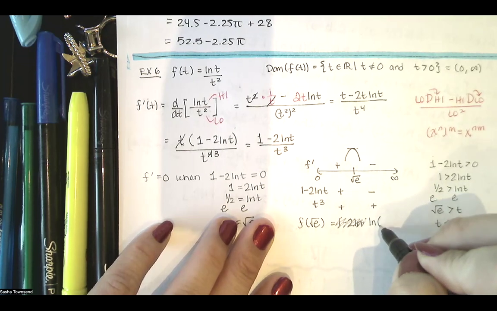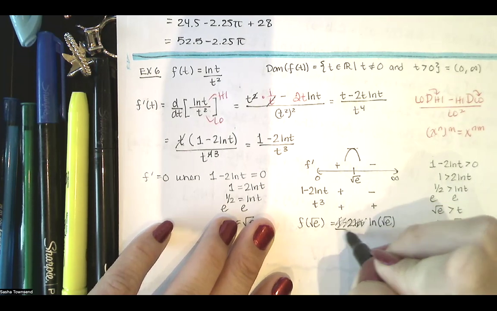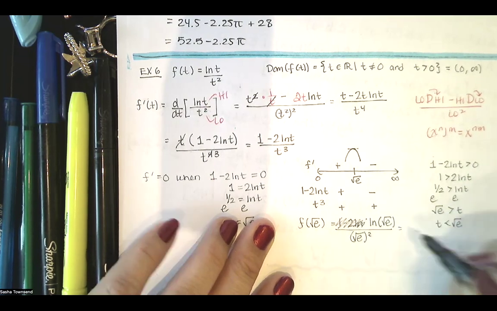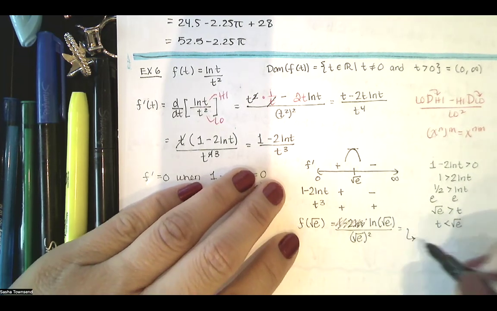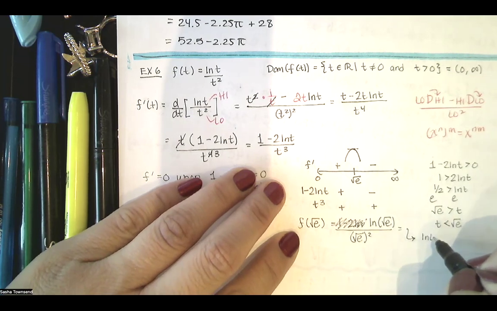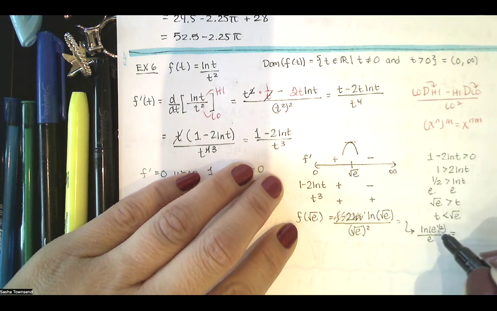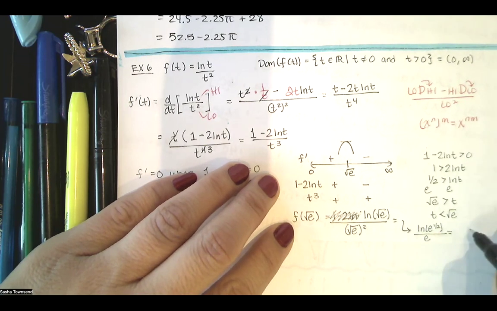That's natural log of square root of e divided by square root of e squared. That is natural log of e to the 1/2 divided by e. And with this natural log of e to the 1/2, you can simplify it by saying, well, e to what power is e to the 1/2? Well, that's just 1/2. We're dividing by e. So that simplifies to 1 divided by 2e.